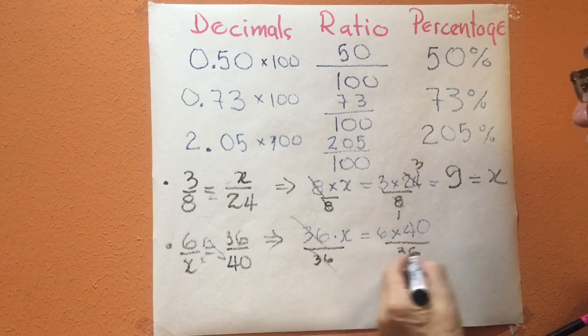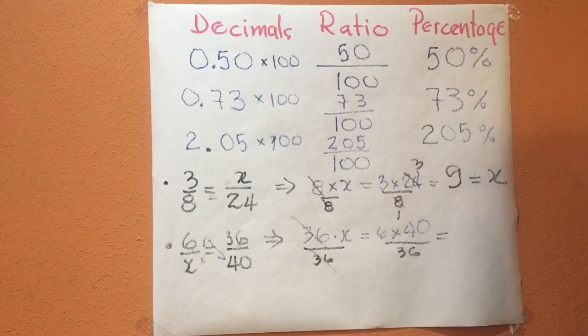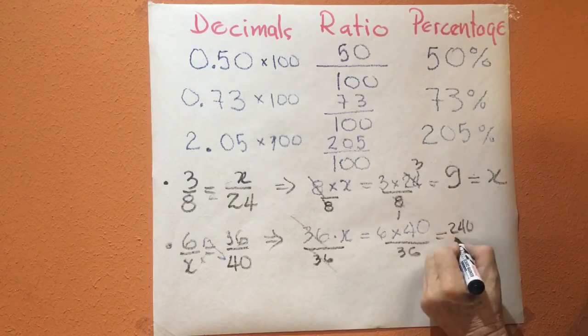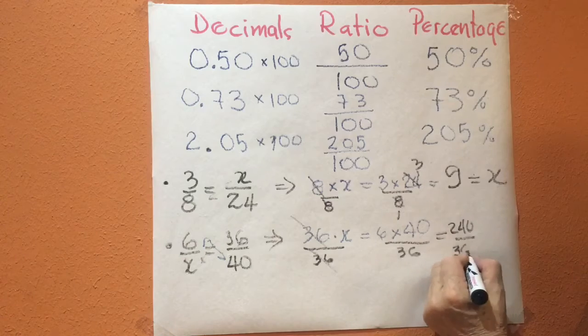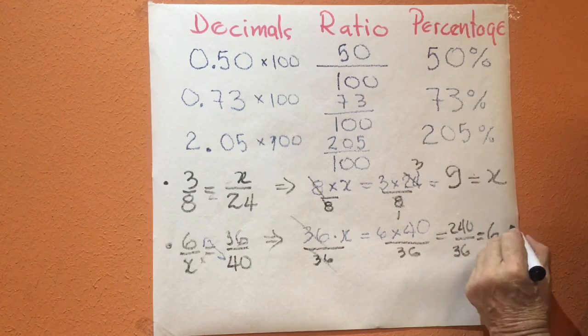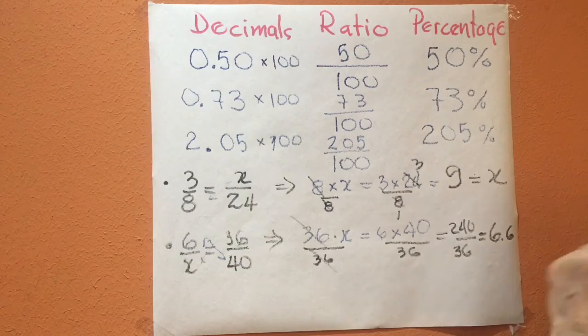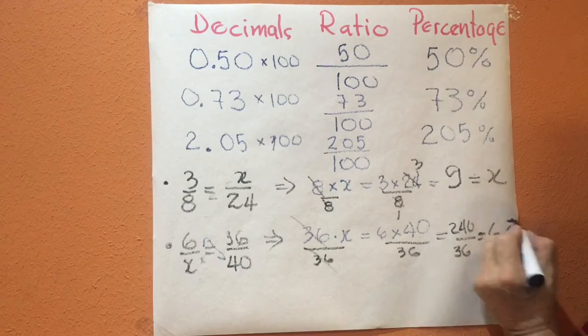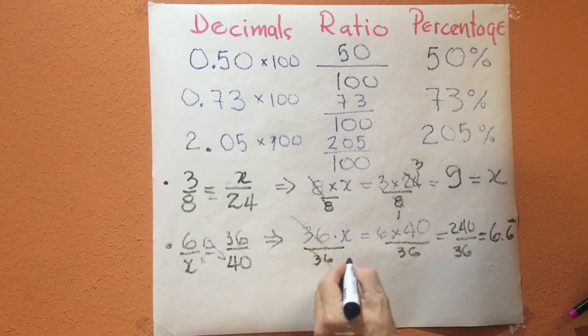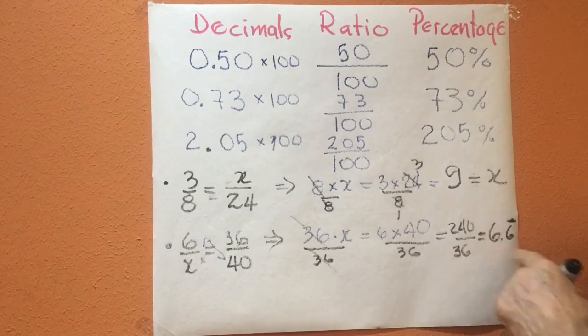They are canceled out, so doing all these operations, we will have 240 divided by 36, which will give me the answer of 6.6666. It's a repeated decimal, so I put a line that says that x is equal to 6.66. Okay?